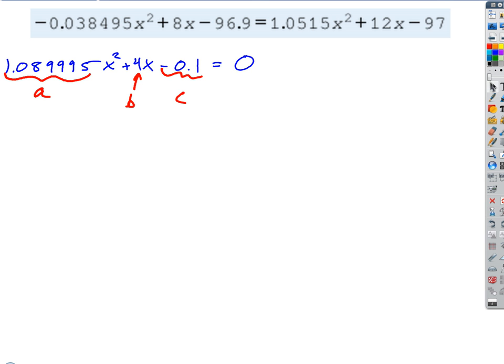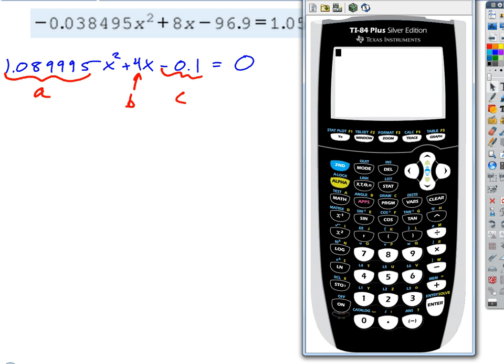So this is where you can be efficient with the calculator. We're not putting in complex numbers, so I think we could use fraction mode.